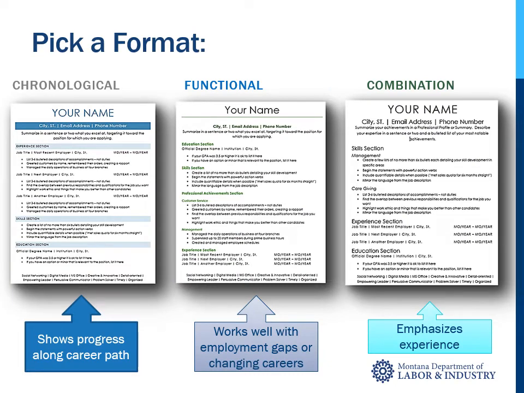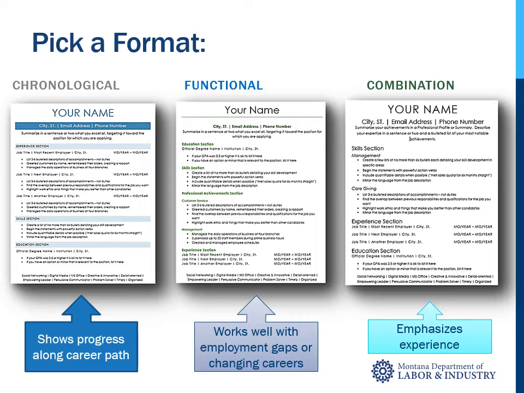From here on, things are going to look a little bit different depending on which format that you choose for your resume. Remember, we have the 3 different types of formats: chronological, which shows progress along a career path and is the one that employers prefer, and it's also the most common.